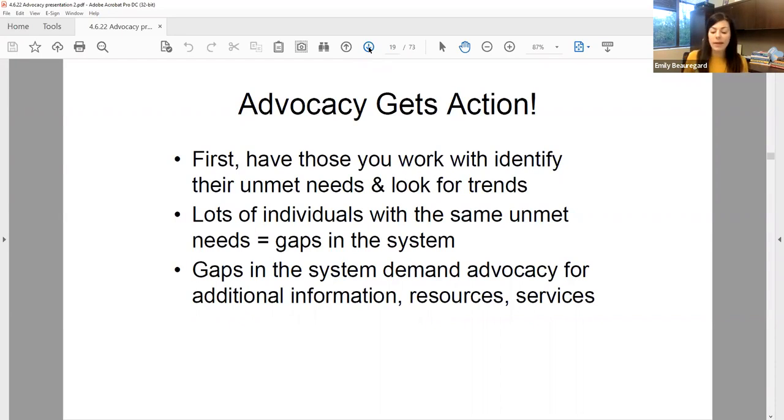So, again, thinking systemically, rather than just helping one person to overcome a barrier, like helping them to pay a copay or giving them a bus ticket to get an appointment so that they can get to their treatment program, we can work at the state level to eliminate copays for all Medicaid members, which we've done. We can also make applying for non-emergency medical transportation easier for anyone who needs it, which we still need to do. But once you identify those system gaps, you can really start to advocate more effectively.